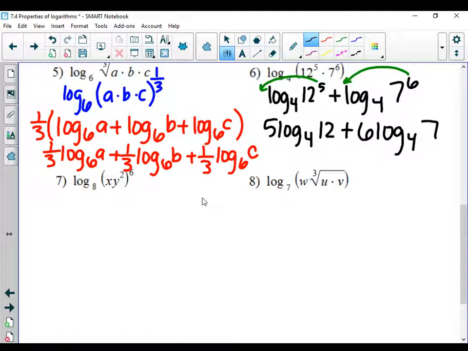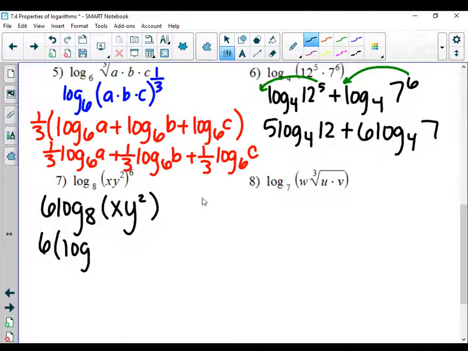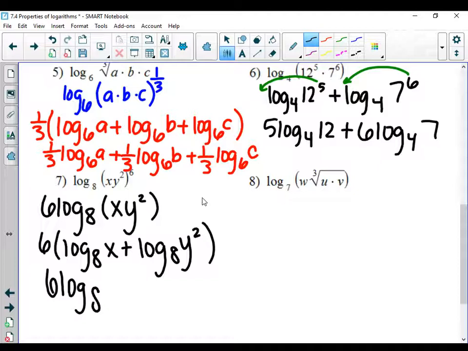Okay, I moved the 6 in front of the log, and then I separated it to 6 log 8 x plus log 8 y raised to the second power. And then I distributed the 6 and moved the 2 in front of log 8 y. Did it all in one step? Works for me. Is that what you got? Cool, good job.